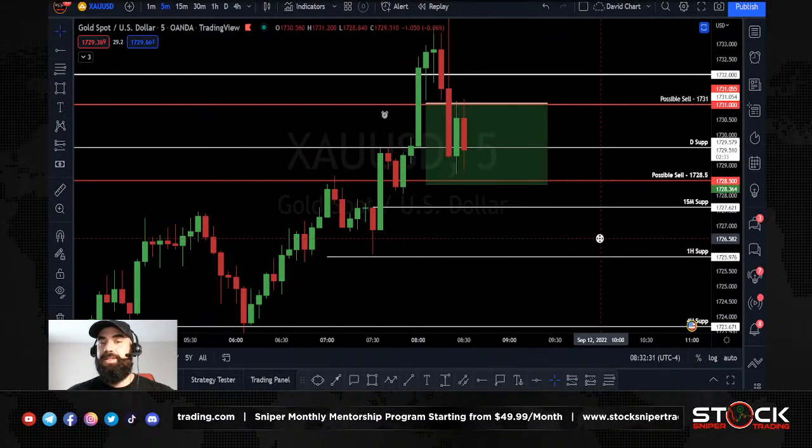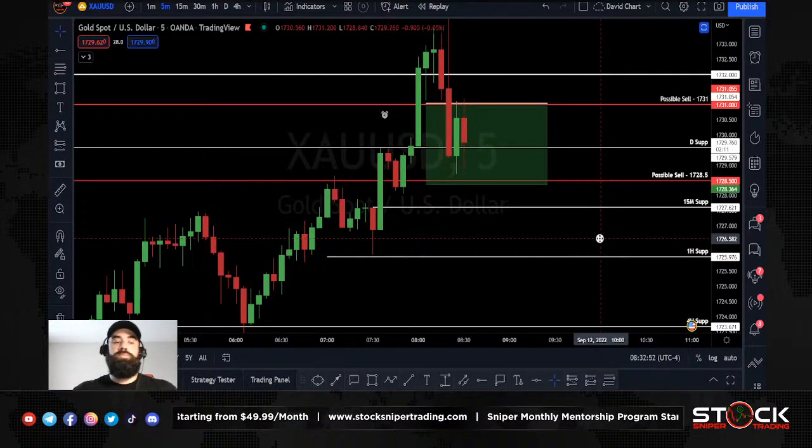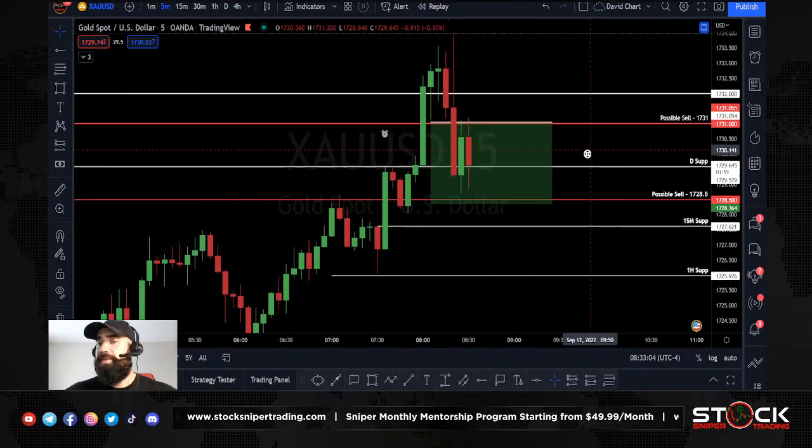A lot of indecision, guys. A lot of indecision right now. 832 here. I'm looking for maybe gold to get down to that hourly support. If it's going to hold this daily level here, I'm looking for it to push back to maybe 1735.